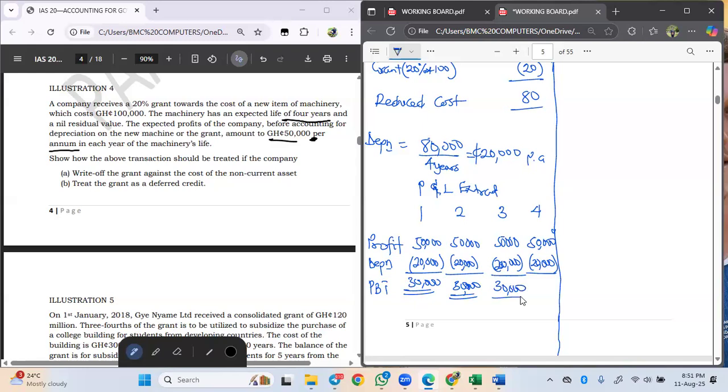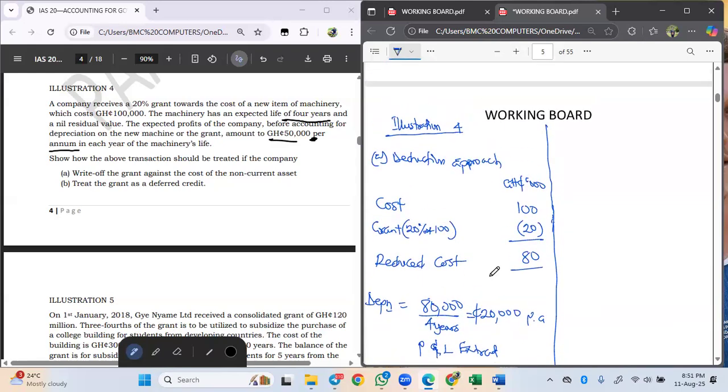In the statement of financial position, the PPE, or the asset, will be carried at what when you're using the deduction approach? At the reduced cost less any accumulated depreciation. So for non-current assets, we have the machine.